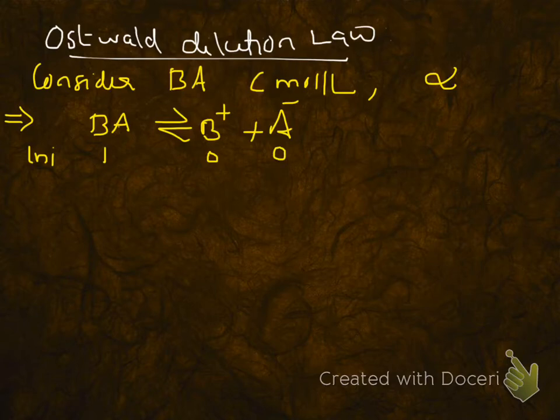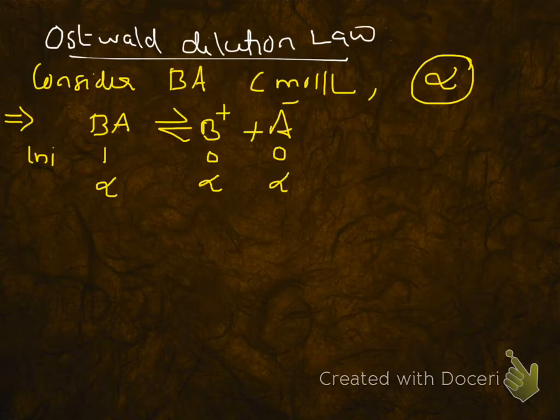And suppose alpha is the degree of dissociation. That means out of the 1 mole, alpha moles are dissociated. So, alpha is far less than 1. Then here we will get alpha B plus and alpha A minus.